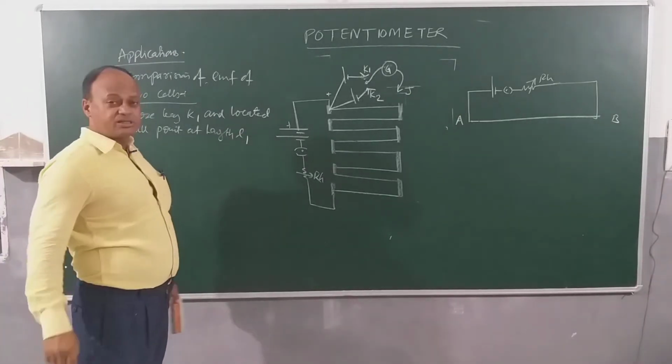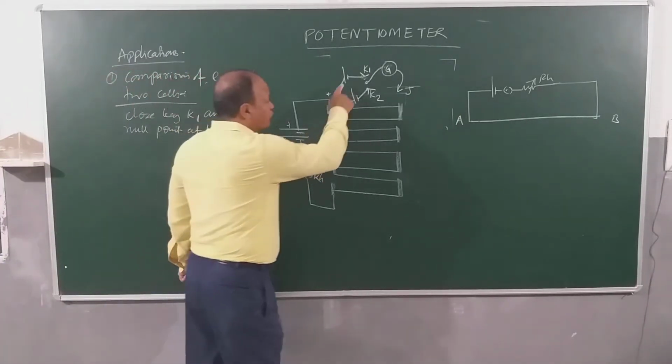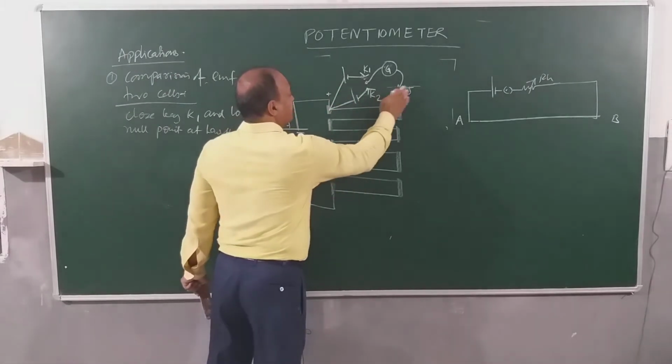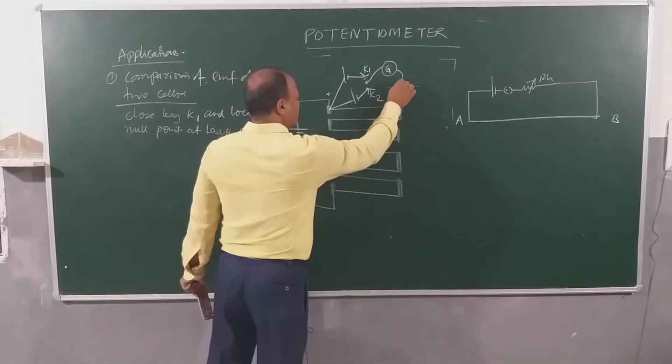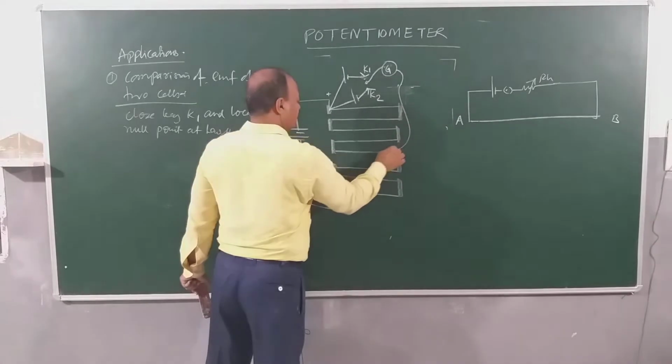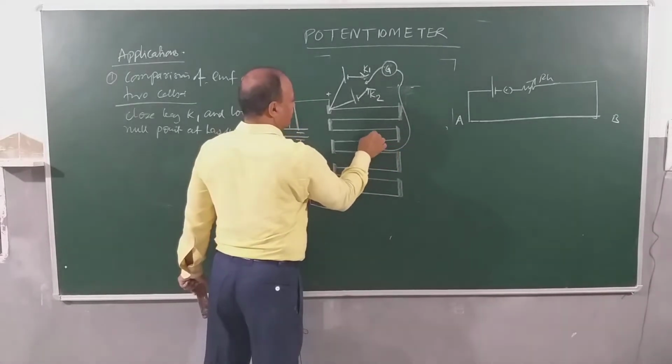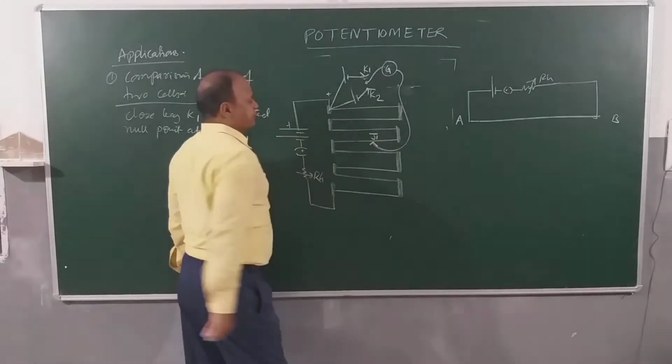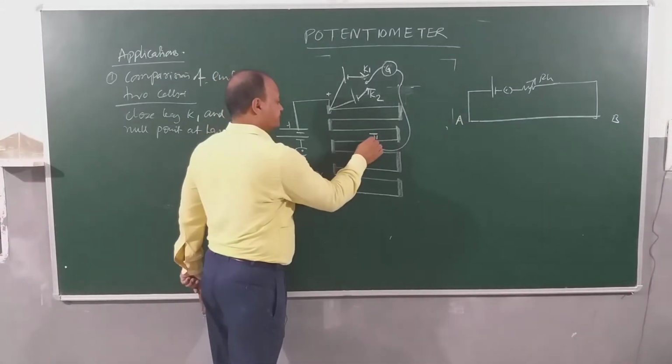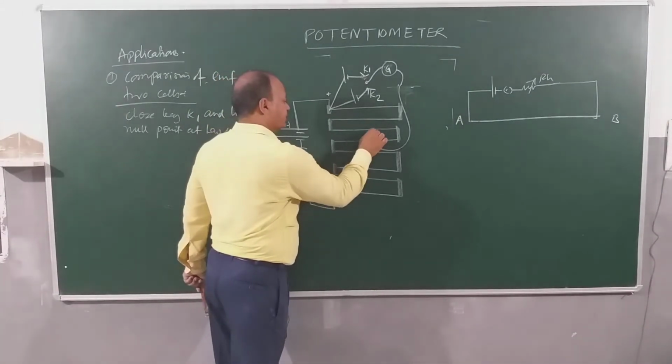So how will you do this? Try to understand. We'll close key K1 and then I will start sliding the jockey. Suppose I slide the jockey and the null point comes out here at position J1. Here. This is coming at position J1.